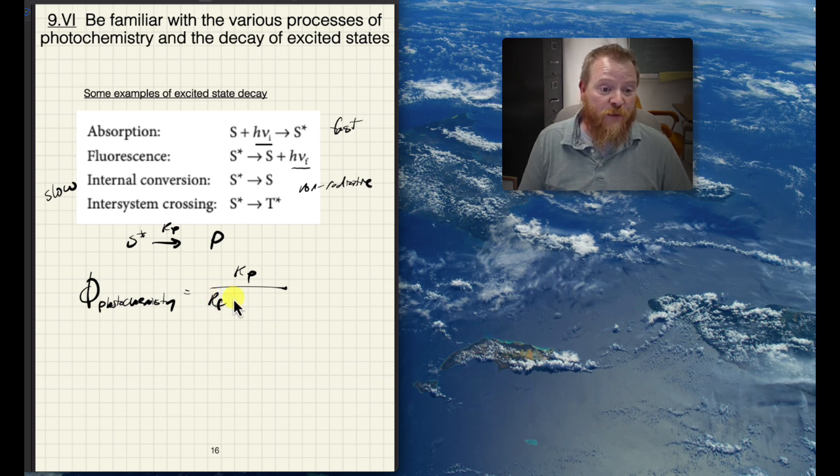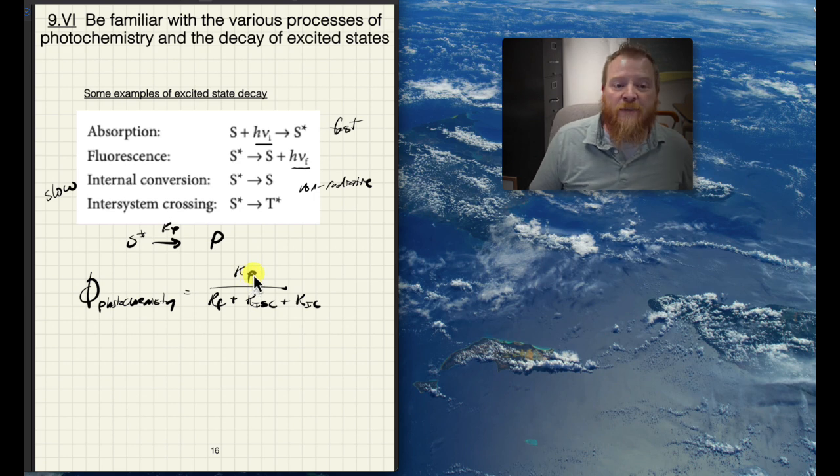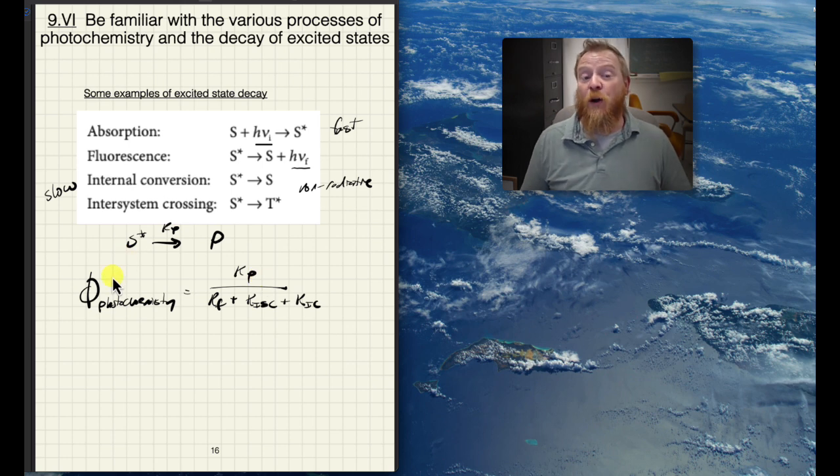So the rate constant for fluorescence, plus perhaps the rate constant for intersystem crossing, plus the rate constant for, let's say, internal conversion, right? So as you might imagine, if this Kp is quite large, if it's fast, and the rest of these are small, right, they're slow, then we would have a large quantum yield for photochemistry, right?